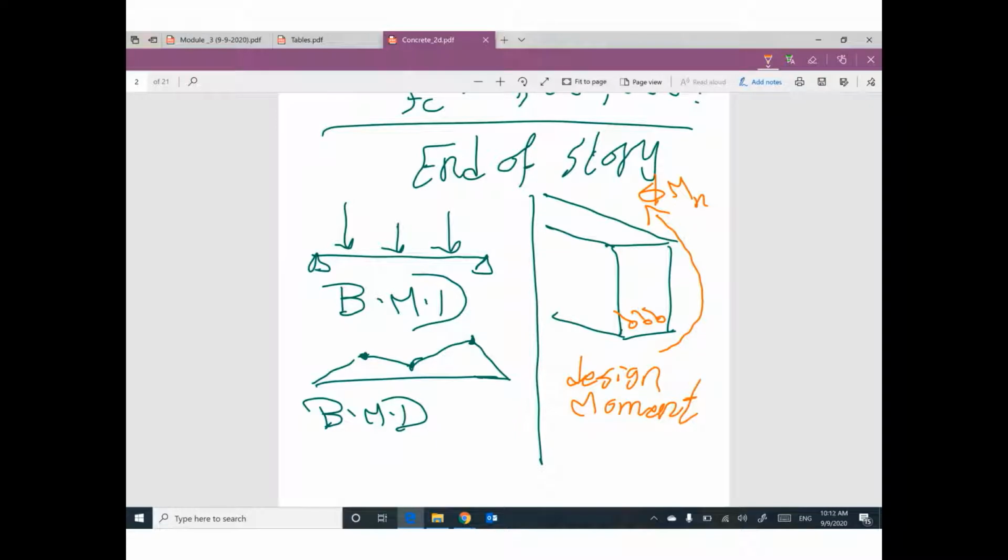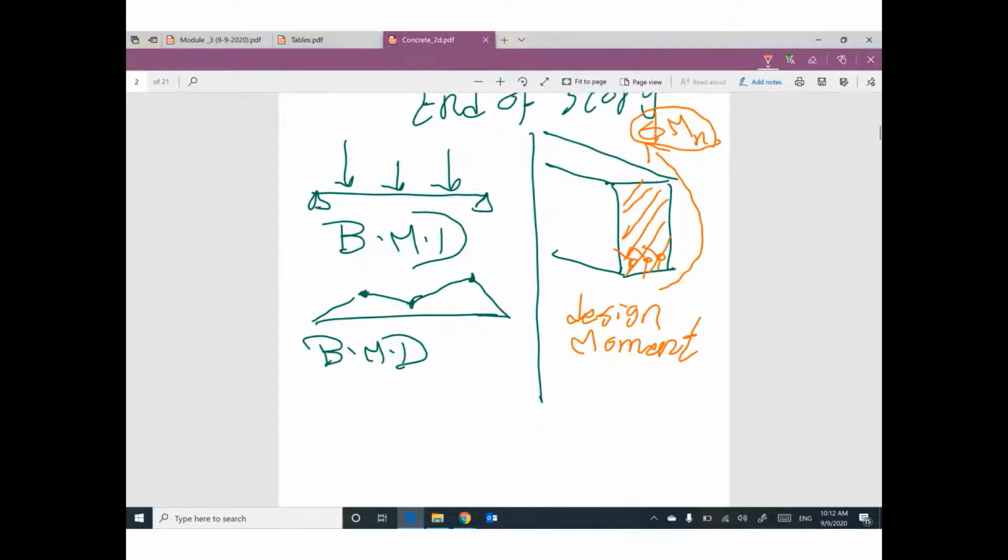If you can figure out the design moment of this cross section with this steel reinforcement, I will do a very small comparison. What is the value of the moment here? And what is the value of the moment here? For this beam to be safe, for this beam to be good, this moment must be greater than or equal to this moment.